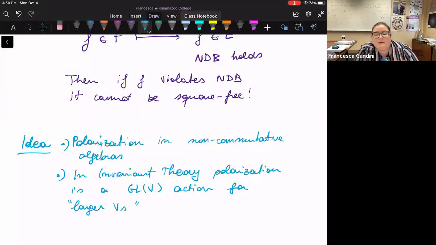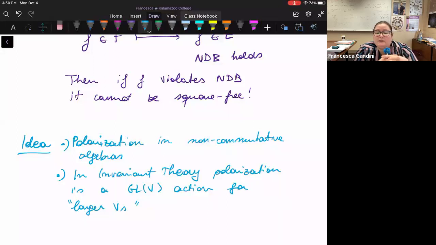And I'm going to leave this in quote. Basically, you can think about polarization as acting with a general linear group of bigger dimension on what you started, and then taking some general coefficients and using these general coefficients to find this polarization in a sense.